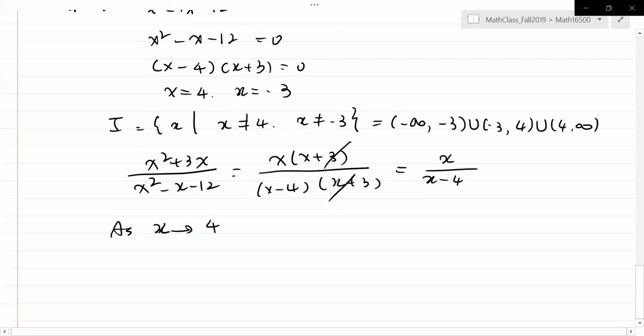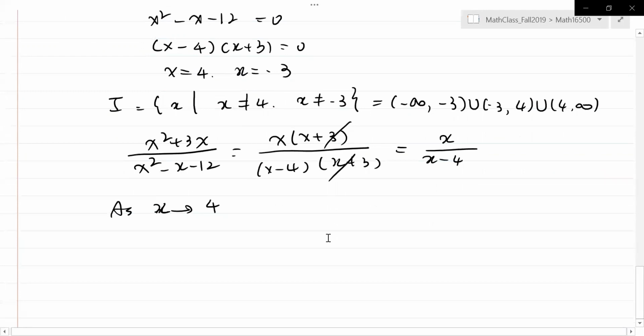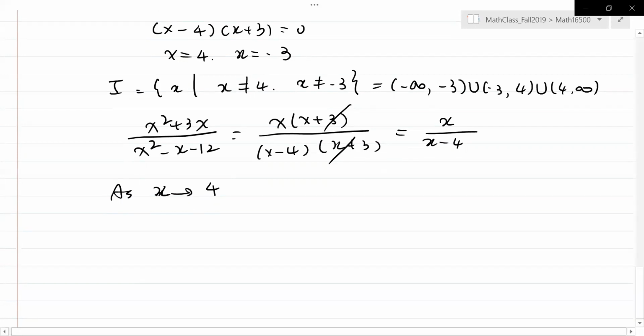So first, let's look at the right-hand limit as x approaches 4.